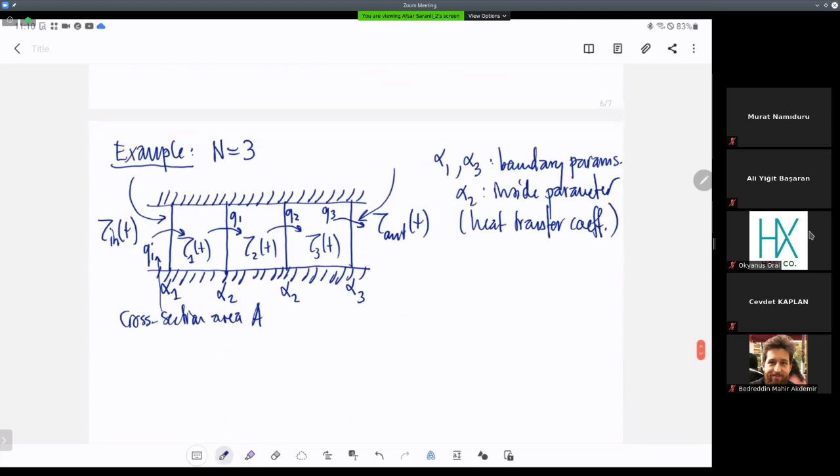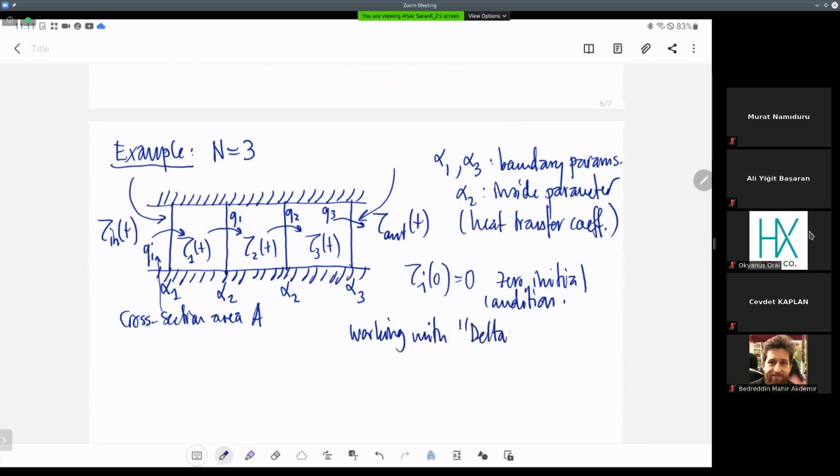So we have tau at 0 is equal to 0, initial condition. So we are still working with the delta variables around the steady state.